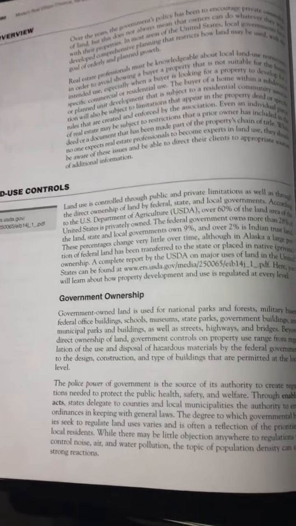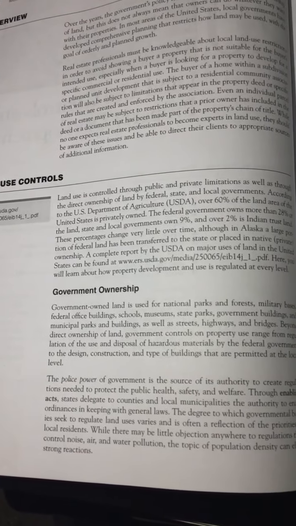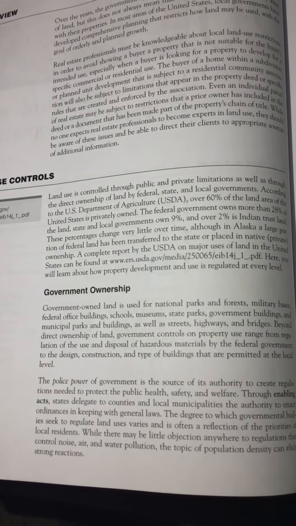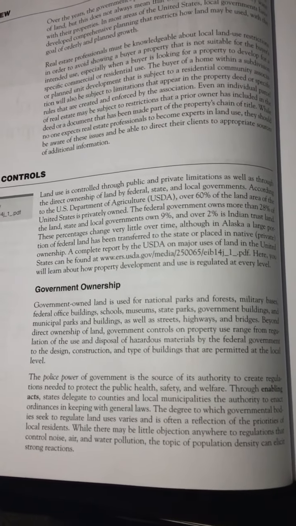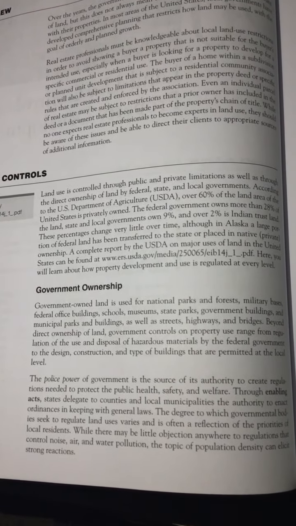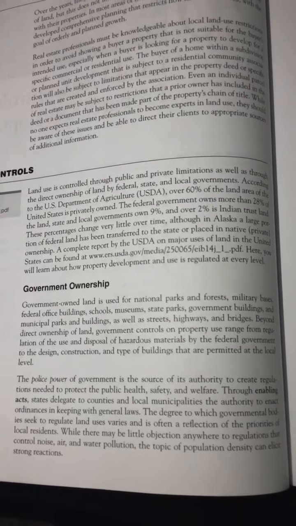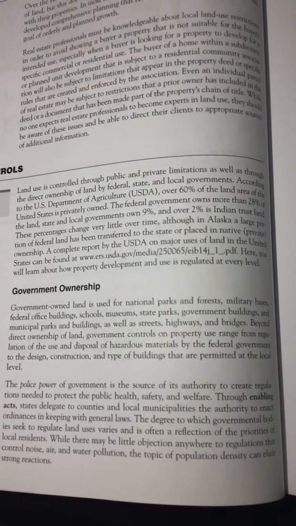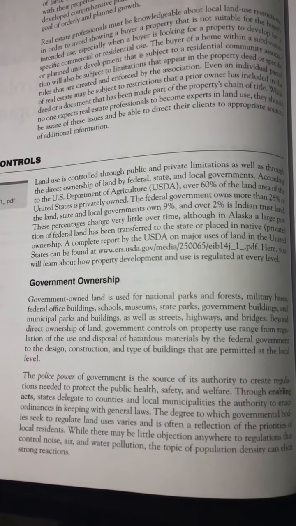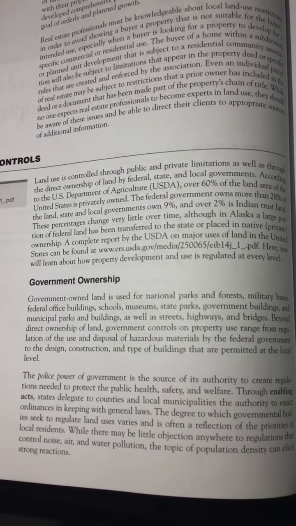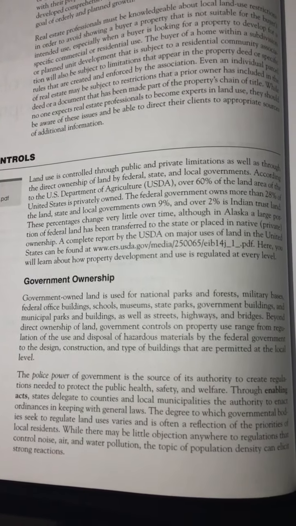Government ownership. Government-owned land is used for national parks and forests, military bases, federal office buildings, schools, museums, state parks, government buildings, and municipal parks and buildings, as well as streets, highways, and bridges.